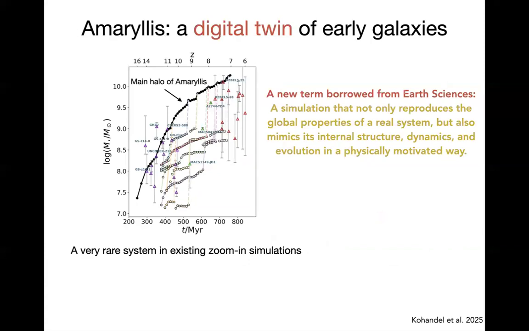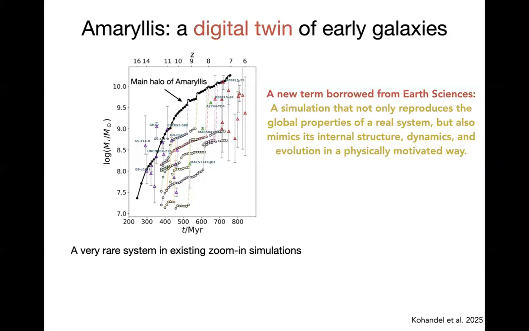After these observations were in, we were like, why not look at Amaryllis in more detail, since we had the prediction only for one redshift in that plot that I showed you. It was only an integrated property. I would like to introduce this new term that we introduced in this paper, which is borrowed from earth sciences.